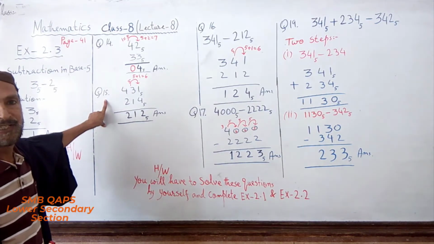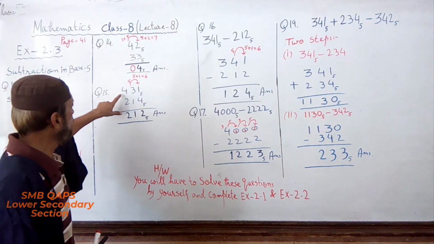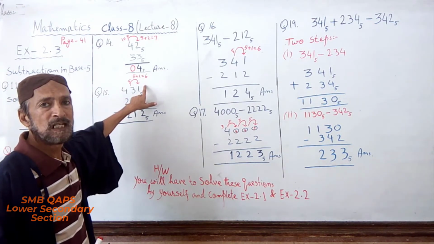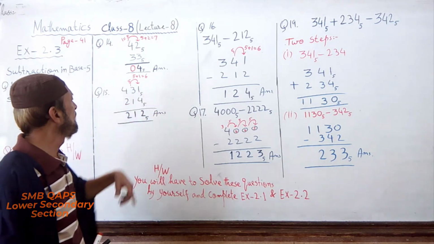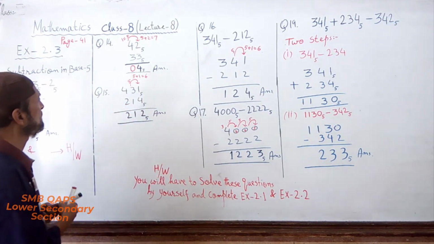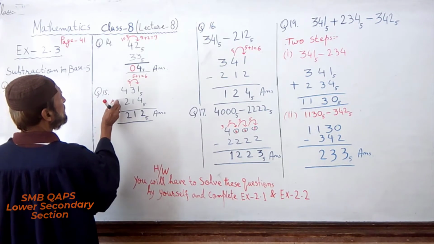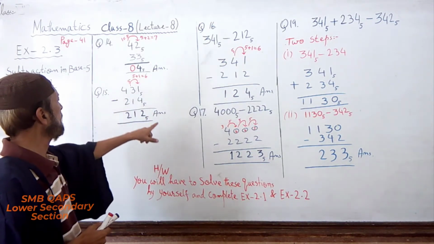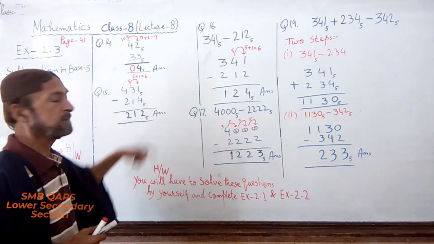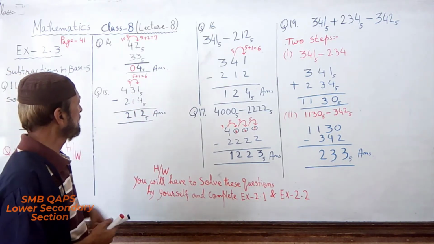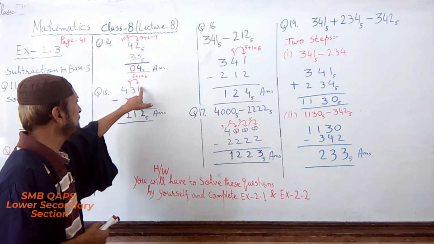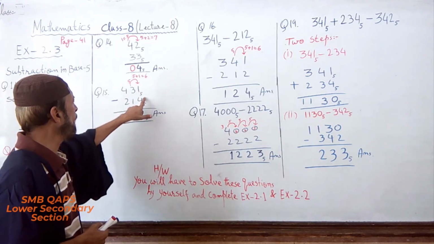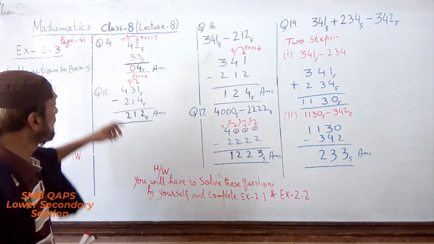Question 15. 431 base power 5 minus 214 base power 5. In the same way, 1 is small, 4 big.